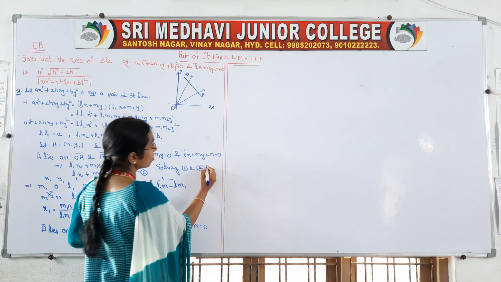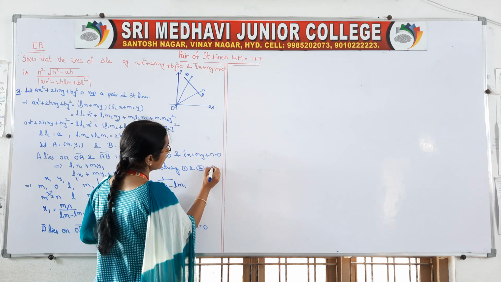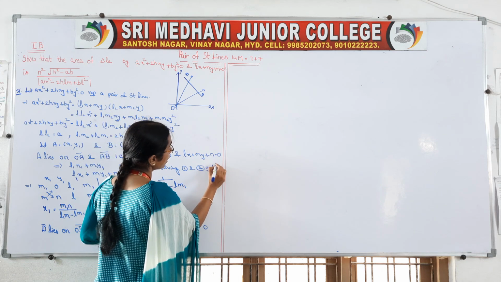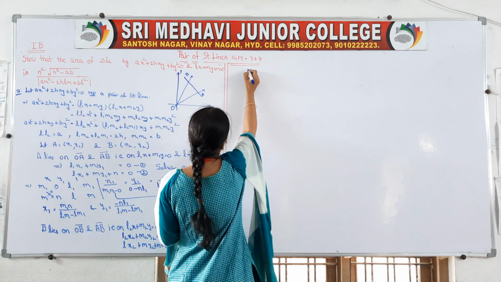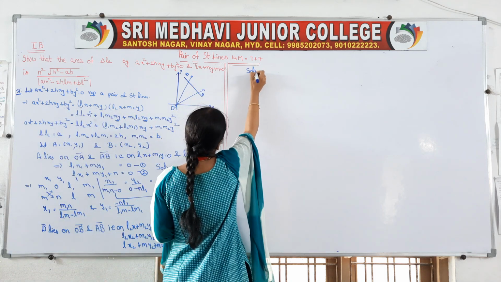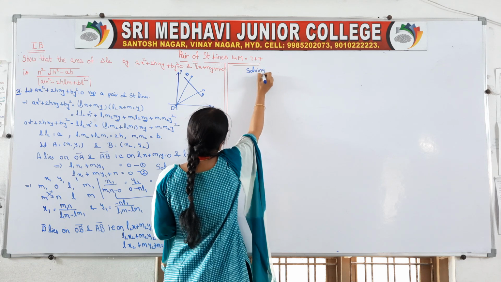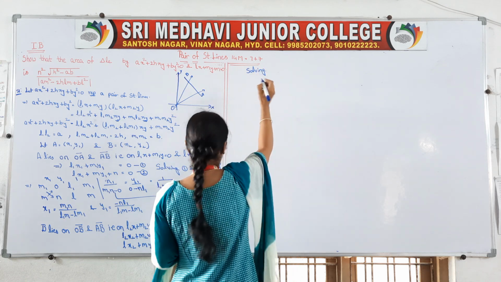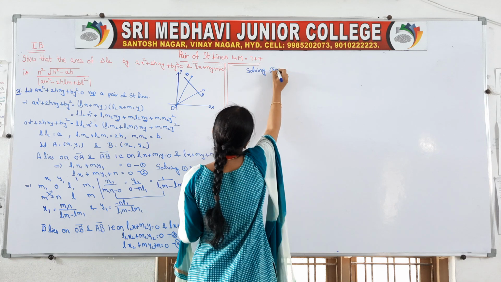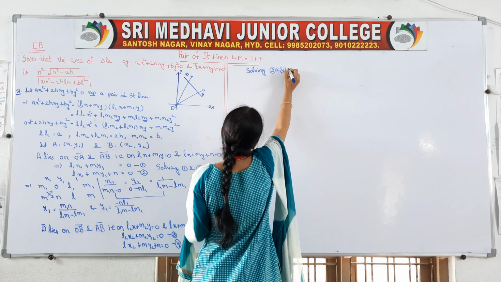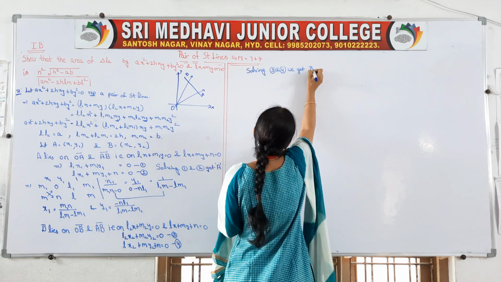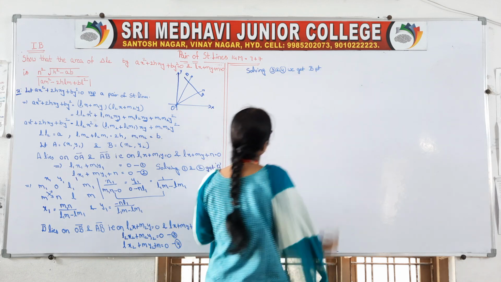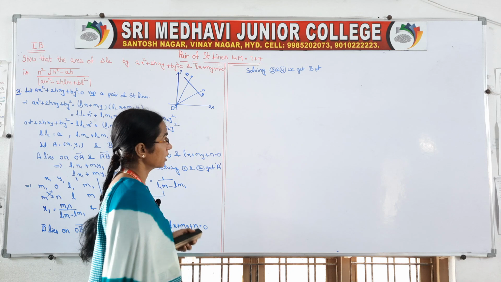Solving 1 and 2, we get which point? A point, right? So, solving 3 and 4, we get B point. Okay, so come on, solve this one.